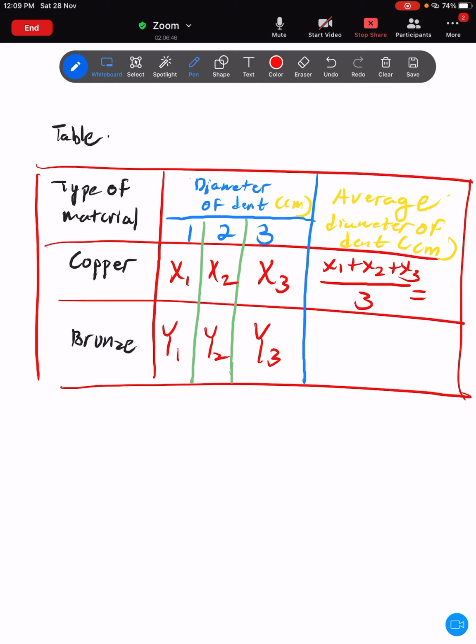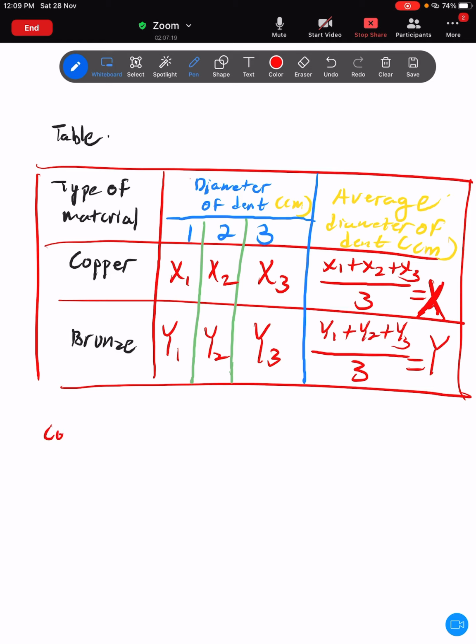Then you get a value, maybe x. On the other hand, y1, y2, y3 divided by 3, then you get a y. So that's how you do it. Just an average. You no need to write the exact value, just put it simple.